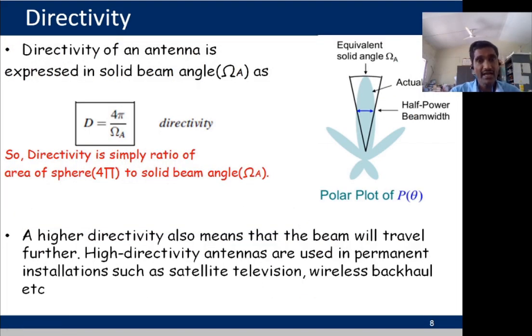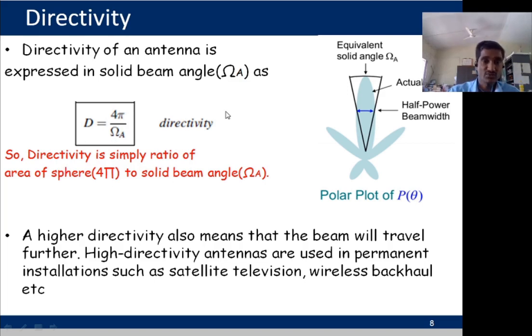Also, the directivity of the antenna can be expressed in terms of the solid beam angle. The solid beam angle is shown in this figure. The directivity from the solid beam angle is given by D = 4π / Ω_A.